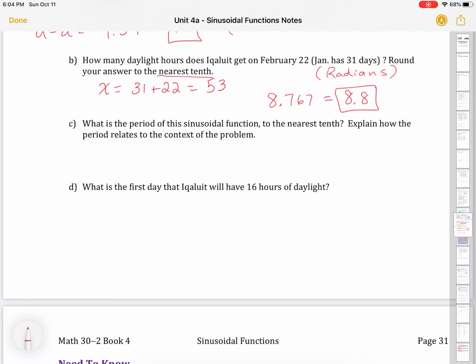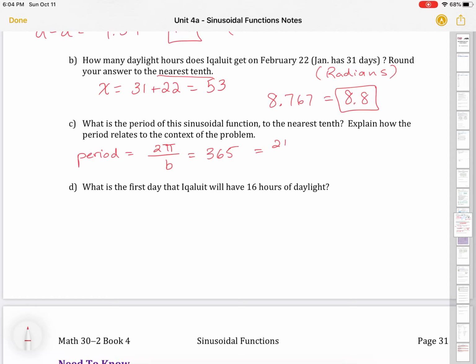Okay? What is the period of the sinusoidal function to the nearest tenth? Explain how the period relates to the context of the problem. Well, the period is 2 pi divided by b, which also equals 365 days, right?